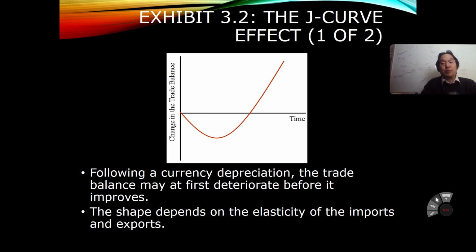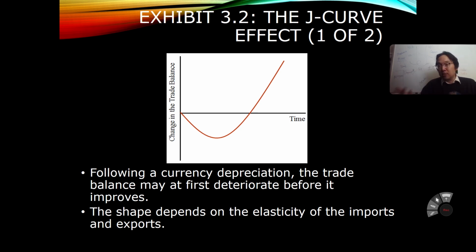Following a currency depreciation, the trade balance may at first deteriorate before it improves. For example, today the Korean currency has depreciated against the US dollar. If it were not this kind of crisis situation but the usual trading situation, and we had this kind of depreciation, then surprisingly, in the product market Korea will have a trade deficit in the short run, because immediately there's nothing we can do about the import price.